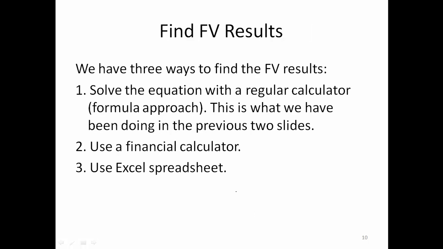To get the results, we have 3 ways. We can just use a regular calculator, use the formula we just mentioned, and solve the equation. We can also use a financial calculator, or we can use an Excel spreadsheet to get the result pretty fast.